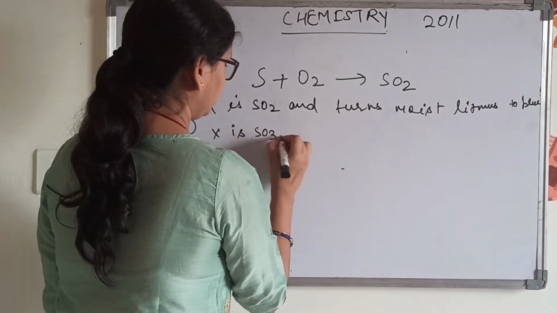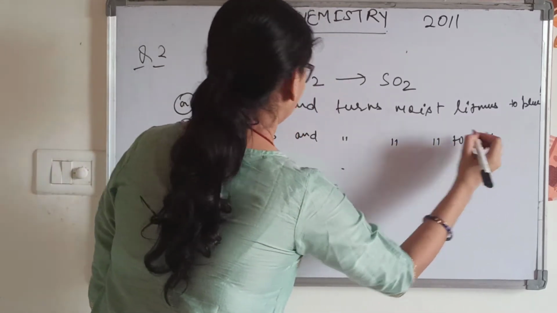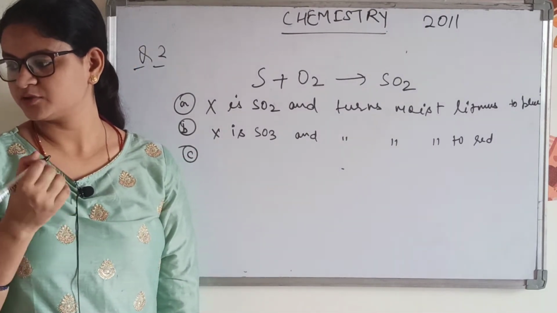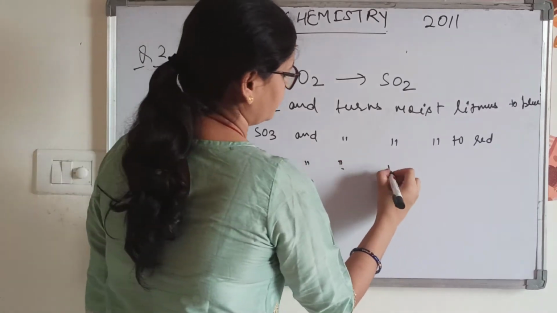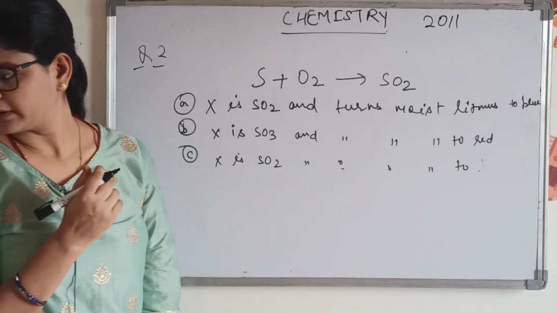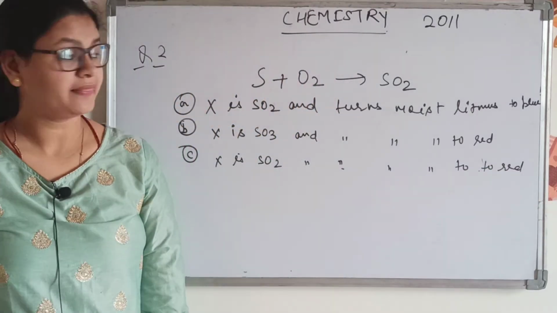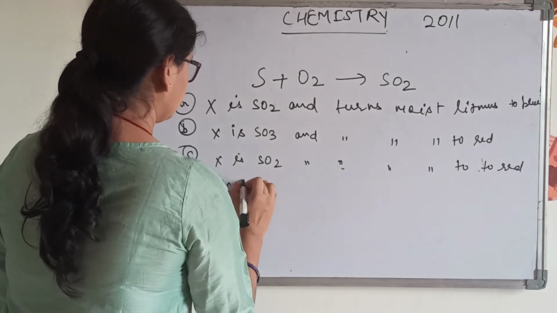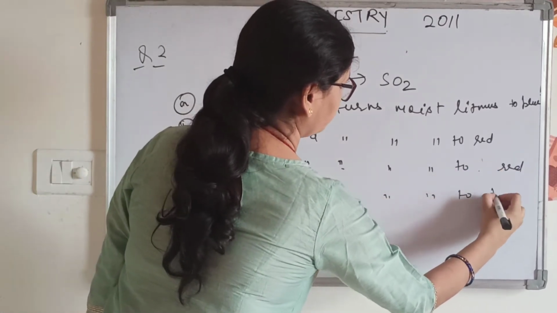X is SO3 and turns moist litmus to red. Option C, X is SO2 and turns moist litmus to red. Next, X is SO3 and turns moist litmus to blue. Out of these four options, you have to identify which one is correct.